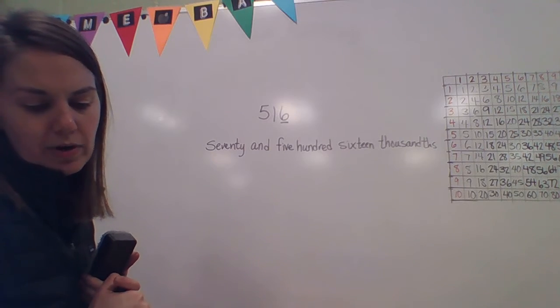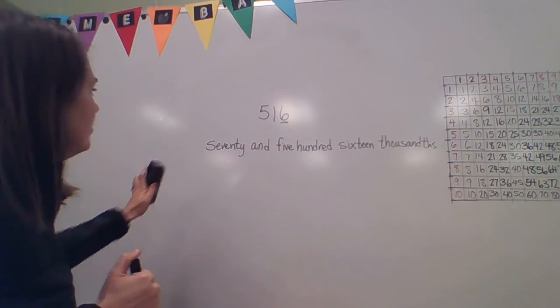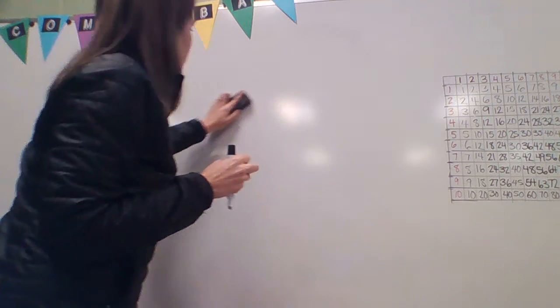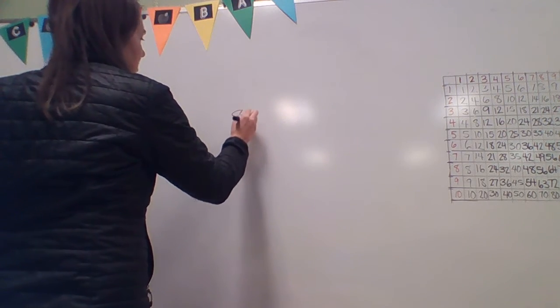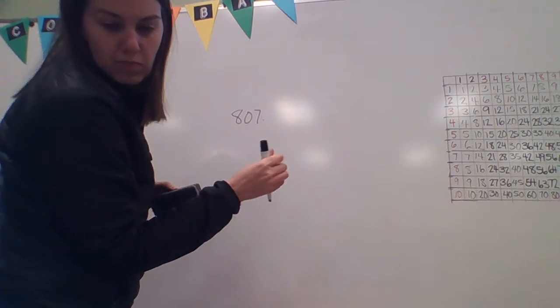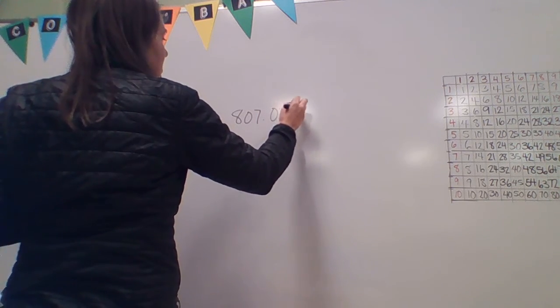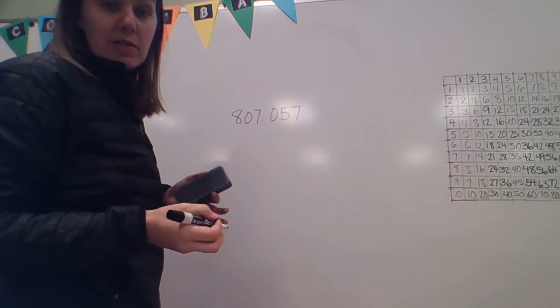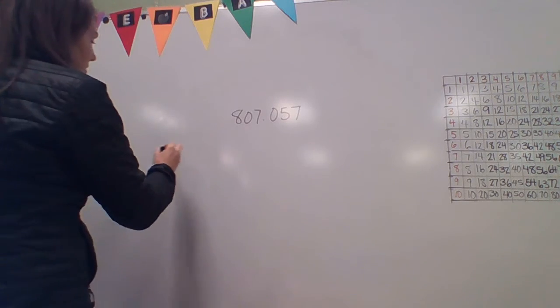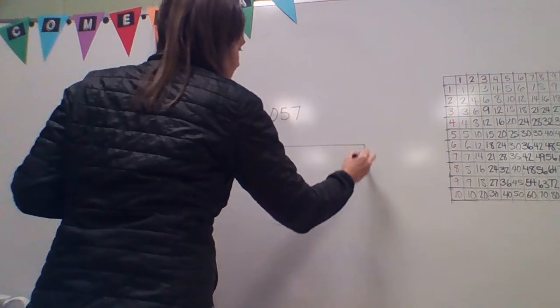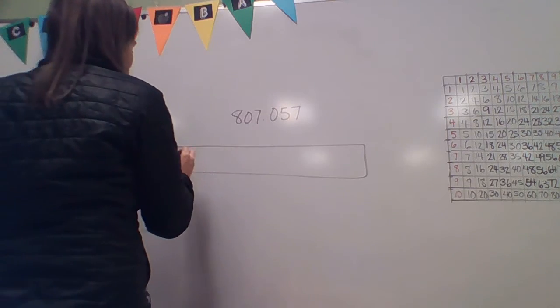Number 9, what is the word form of 807.057? All right, so we could think of a place value chart for this, right? I'm going to go ahead and take my place values.